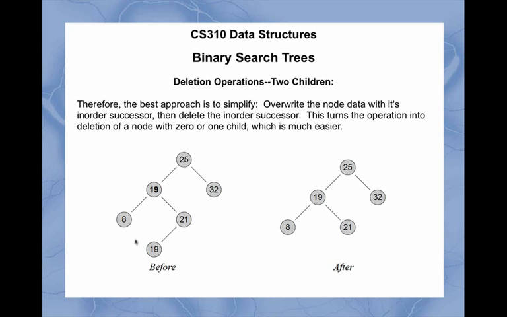It's easier if you do just the in-order successor. Go to the right, then left as far as you can go, and you're guaranteed the node you find here cannot have two children. It may have 0 or it may have 1. It doesn't matter because you're going to delete it. So the 21 left will be severed, set to null, and it will be deleted once you've copied the data here.